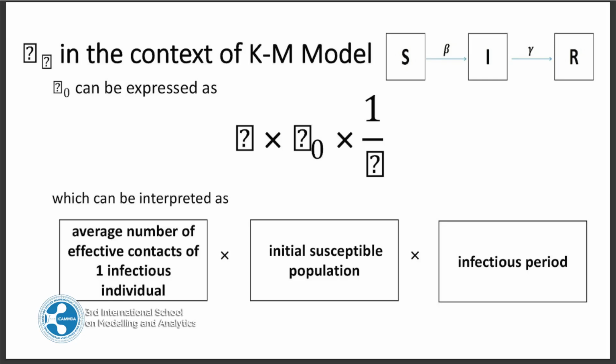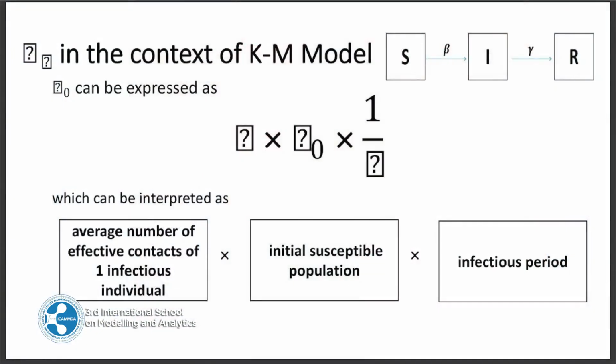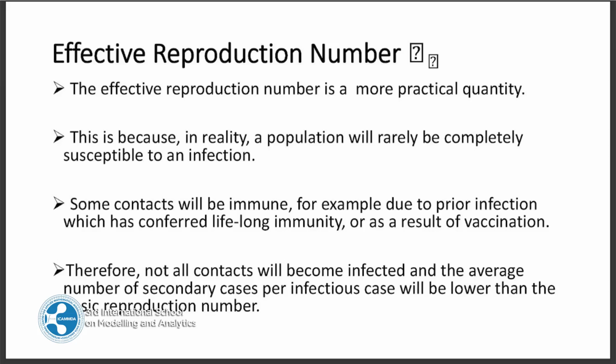In the case of the SEIR model with demography, we are going to have it the way we have it on the board. But this can be done just for a simple model.